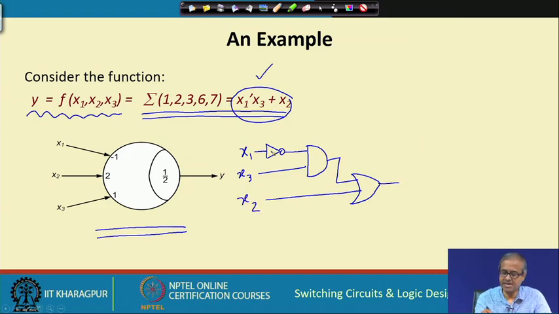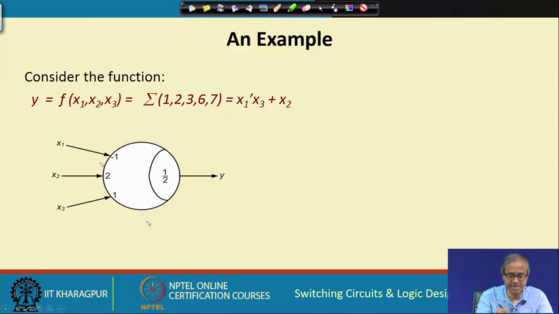So, you would be requiring 3 gates, but using threshold logic, this is just an example, using a single threshold element you can implement this function. Now, let us see how this single threshold element actually implements this function. You see here the weights that we have used are -1, 2 and +1, and the threshold is half.